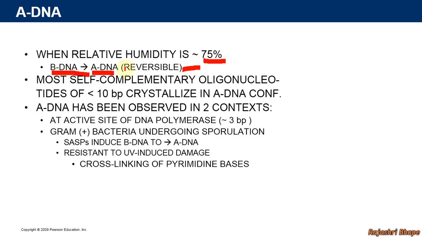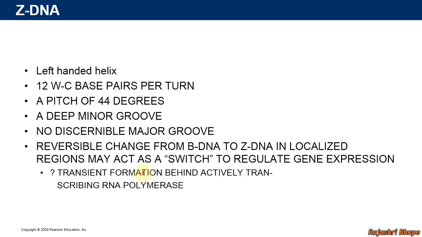The most self-complementary oligonucleotides of 10 base pairs crystallize in aDNA configuration. aDNA has been observed in two contexts: at the active site of the DNA polymerase, and in gram-positive bacteria undergoing sporulation. When cells are exposed to UV, at that time also bDNA form is converted to aDNA form.